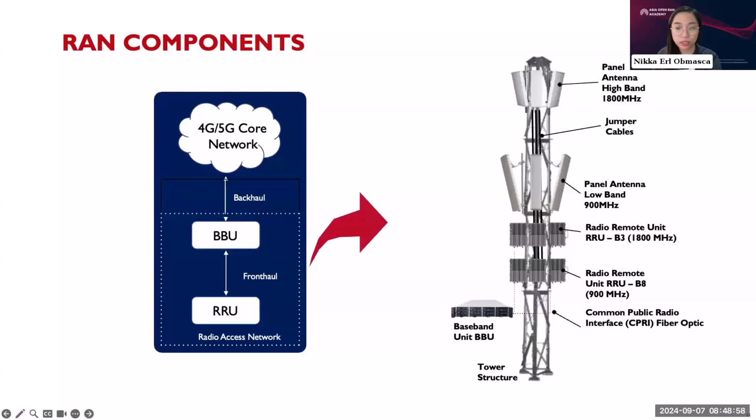So it is typically located at the bottom of the tower structure or nung mga towers natin or malapit dun sa mga cabinet or what we call the outer cabinet with power supply and a very good ventilation. So we also have ito yung mga cabinet natin.